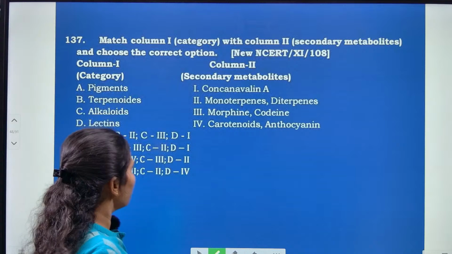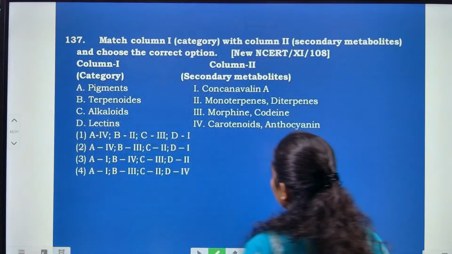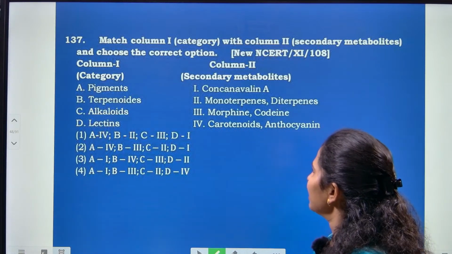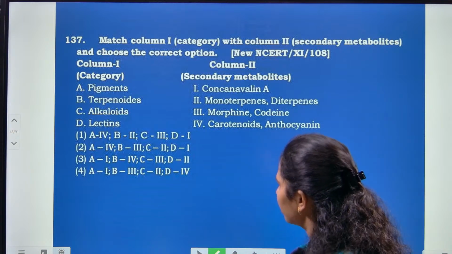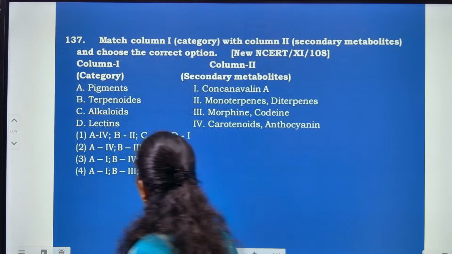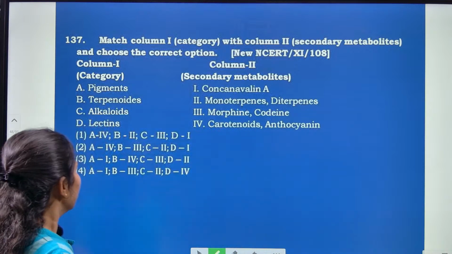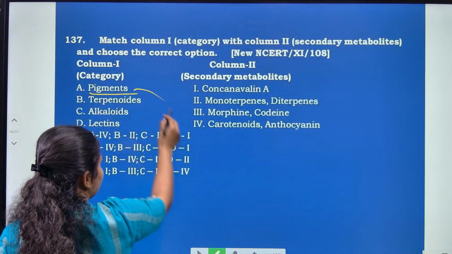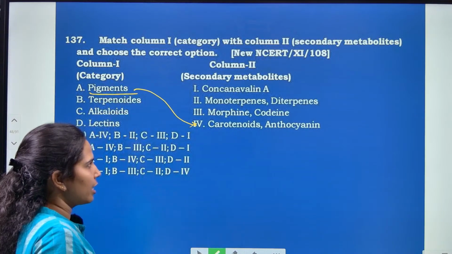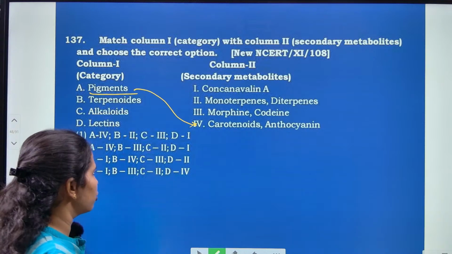Next, moving to the second question. That is match column 1 with the category of column 2. So these are some of the pigments and chemicals which are given here. The pigments are called carotenoids as well as anthocyanin. These are the two pigments.